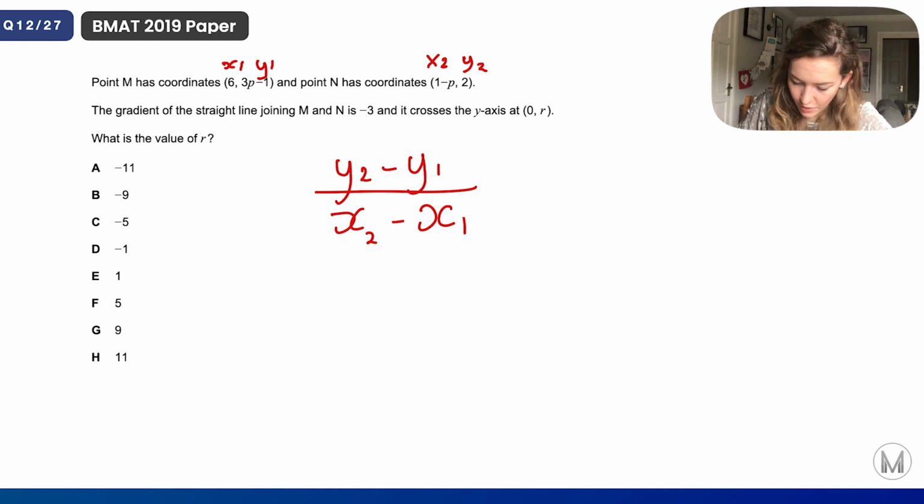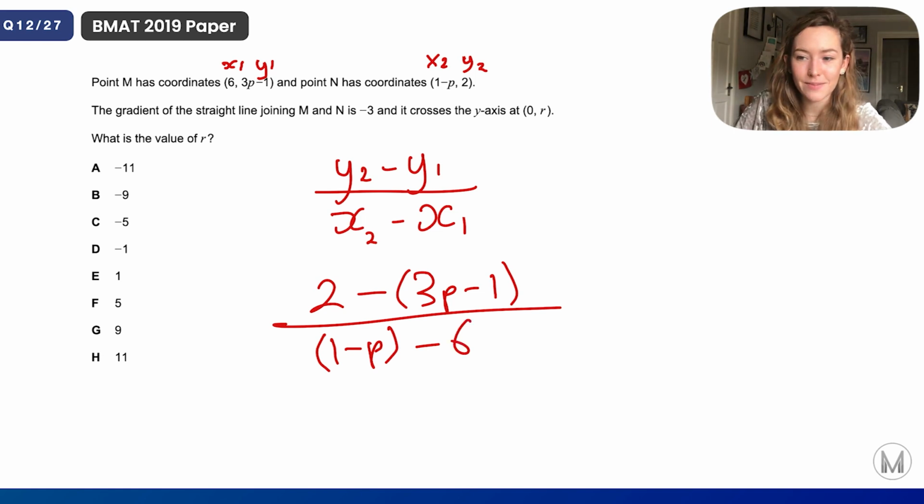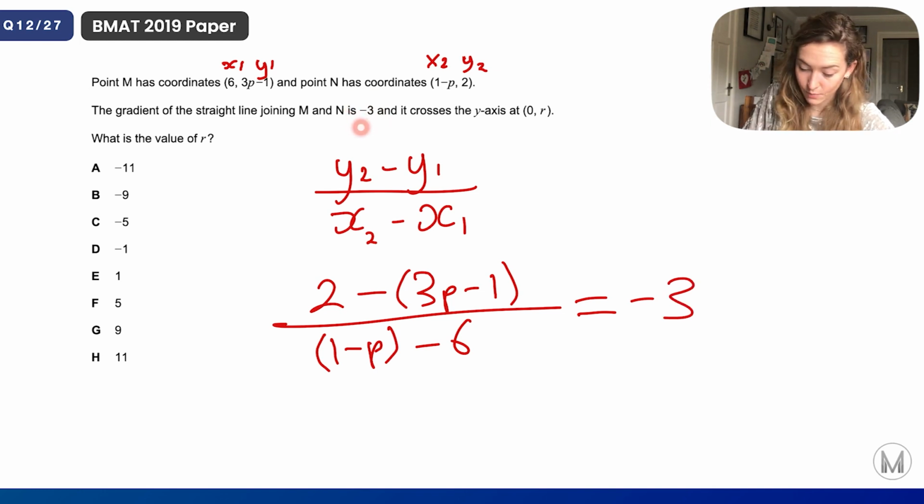Therefore, substituting those values in would give me my y2 value is 2 minus my y1 value, which is 3p minus 1, over my x2 value, which is 1 minus p, minus my x1 value, which is 6. I can say that this is equal to minus 3 because of the statement here. We've been told that.